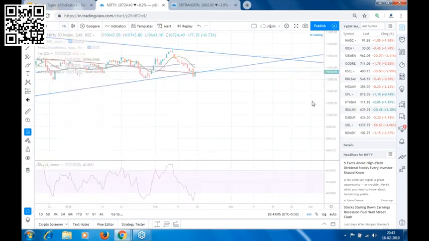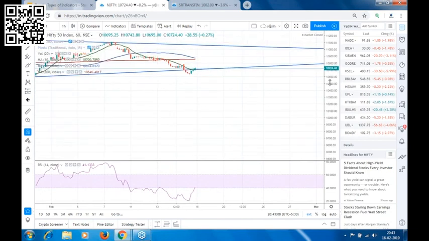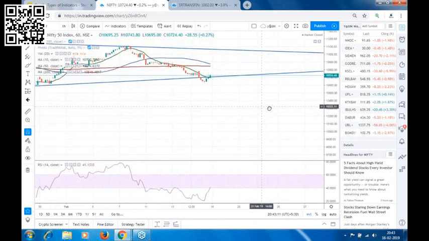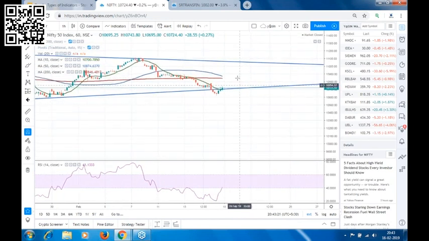One hour time frame. See, even in 1 hour time frame, Nifty is below 250 period moving average. So in 1 hour time frame also there is a resistance.